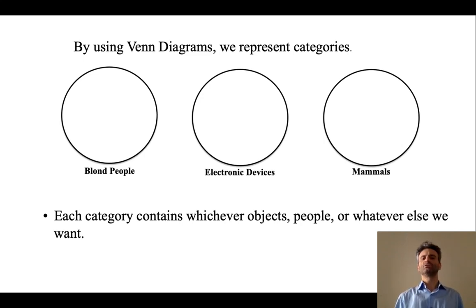Each class contains certain members. Members there are decided by you. Blonde people will contain only blonde people, not anything else, just blonde people. Similarly for electronic devices and mammals.